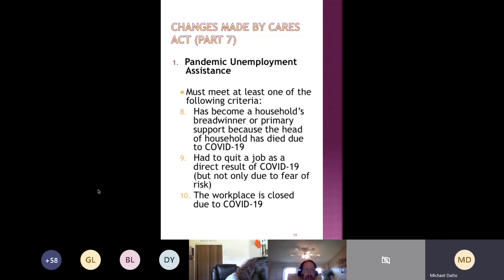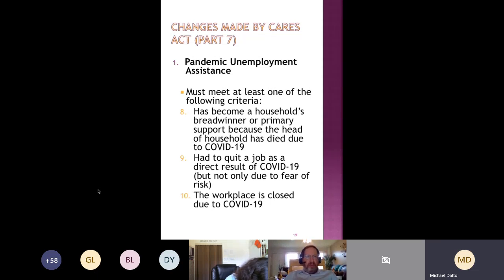9th, and this is one that's going to be subject to a lot of interpretation. We have no idea what this means quite yet. But number 9 is you had to quit a job as a direct result of COVID-19, though that is not defined and examples are not provided in the law.